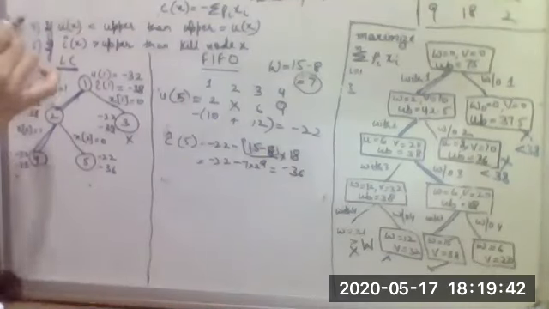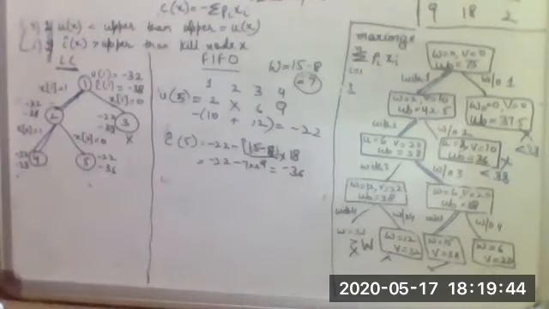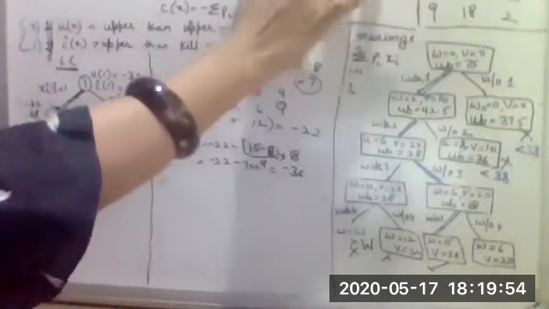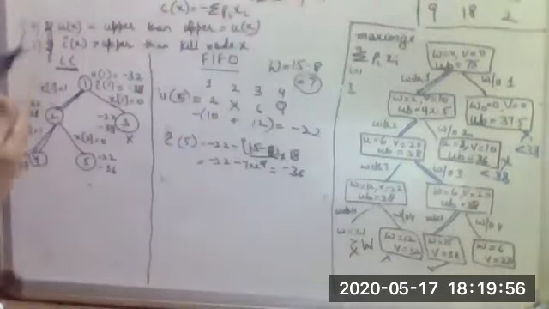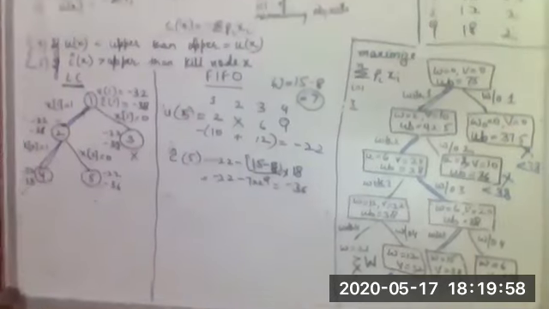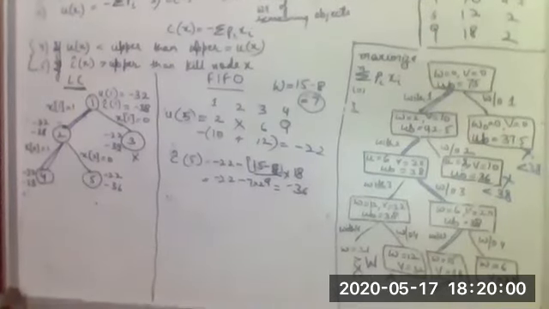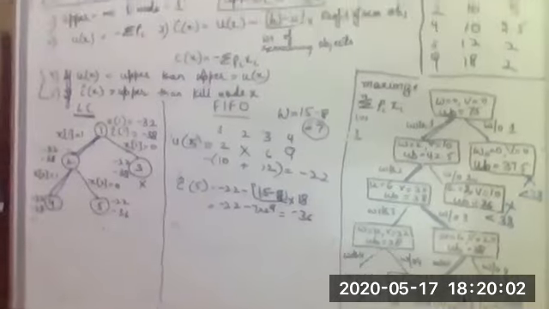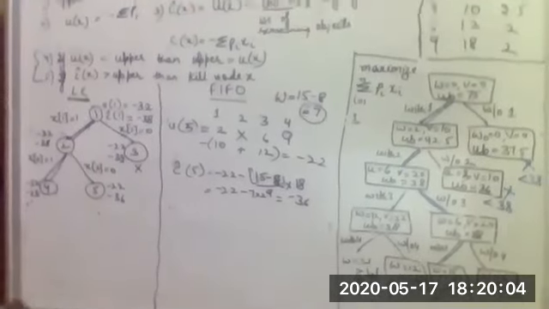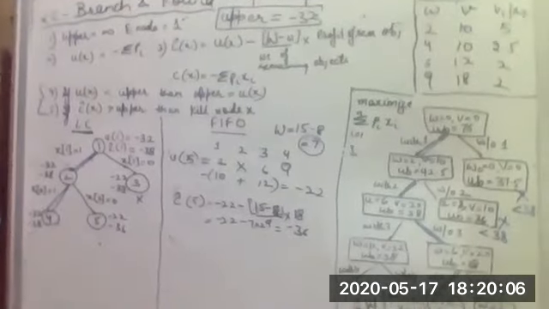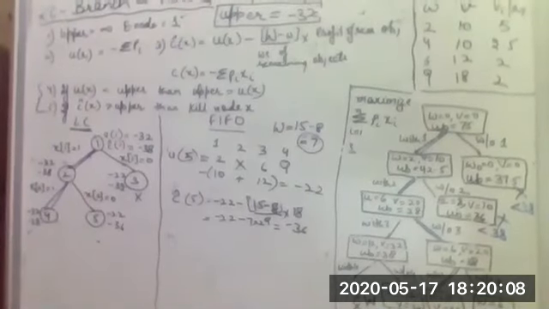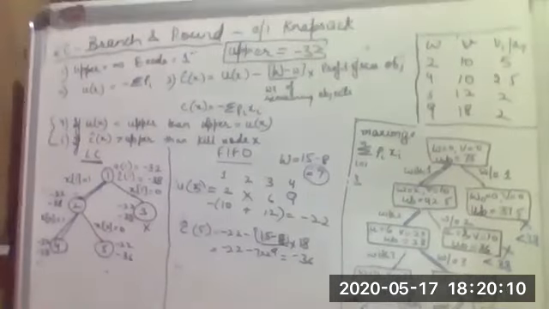So the next two things that we need to do is check the UX and CX values and compare them with the upper. For this particular node, is the UX value less than the upper? No, the current value of upper is minus 32.